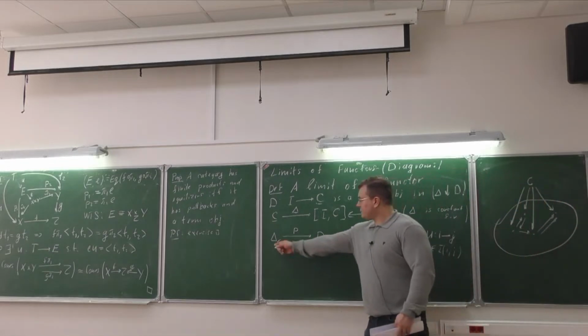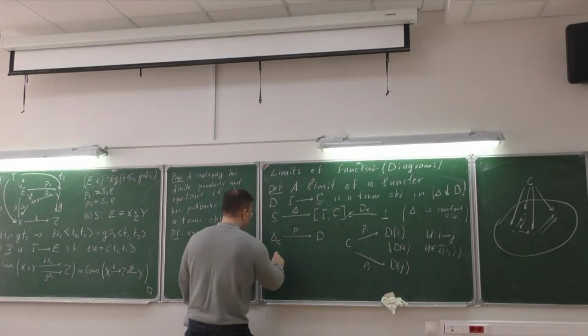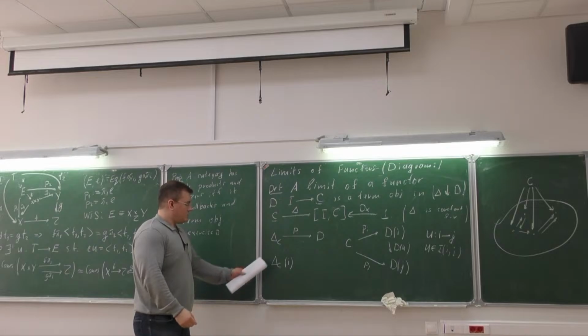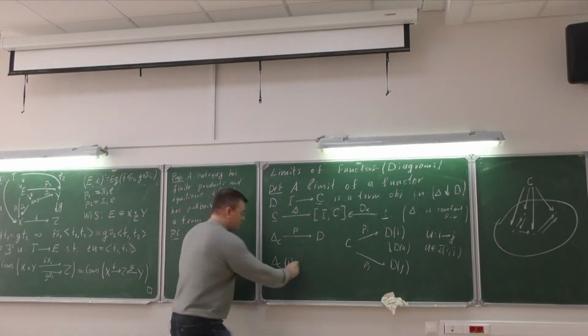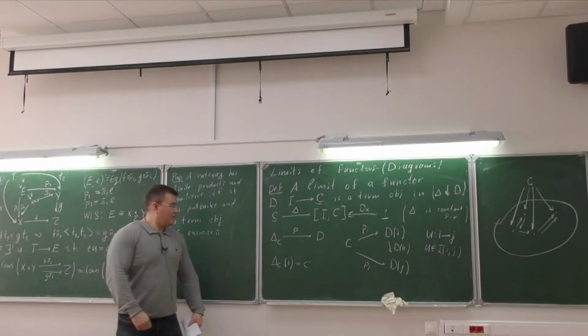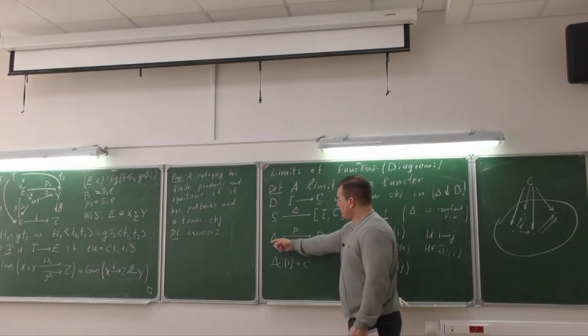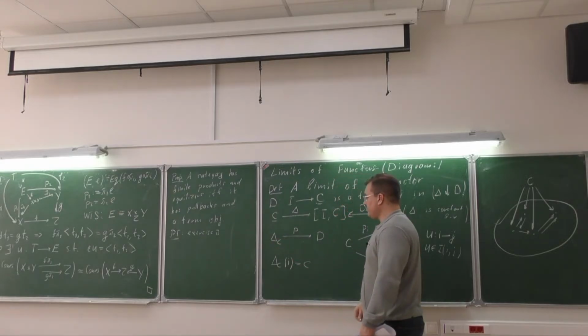That's the constant functor. It takes any object in I, so if you apply this functor to some vertex, which is an object in I, this is supposed to be just C. So it is kind of a map between two diagrams, but this diagram is just one vertex and no other information.